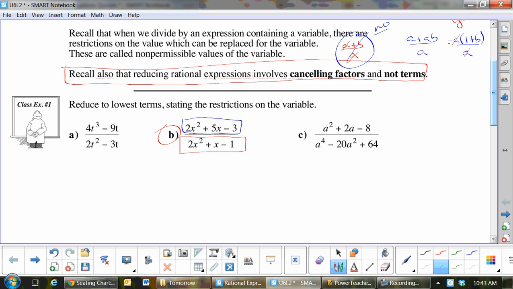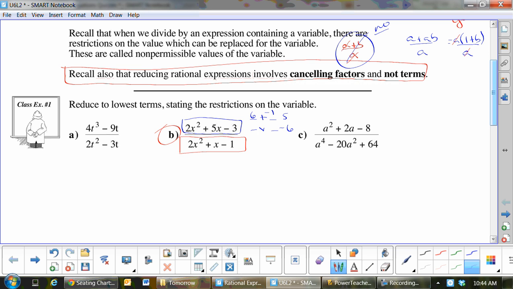So my blue, I'm going to keep in blue so you can understand that. In blue here, I'm going to think, what two things do I have to add to get me 5 and multiply to get me -6? Anytime you want to yell it out. 6 and -1.